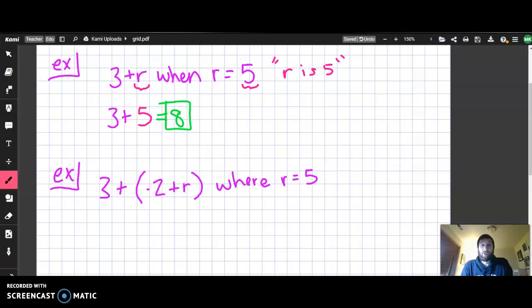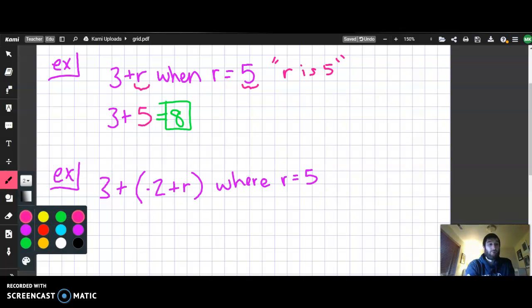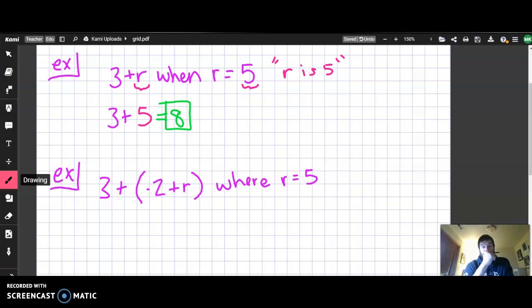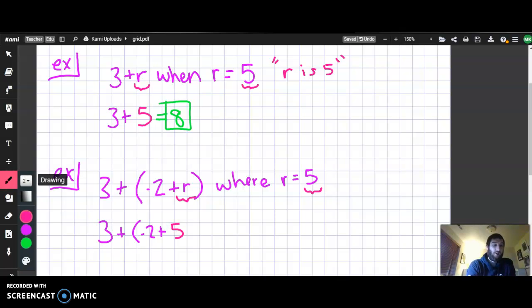Our first step remains the same. In the previous problem, our first step was to plug in the 5 for r. That step stays the same. So we put in the 5 for our r. 3 plus -2 plus 5, and we end the parenthesis.